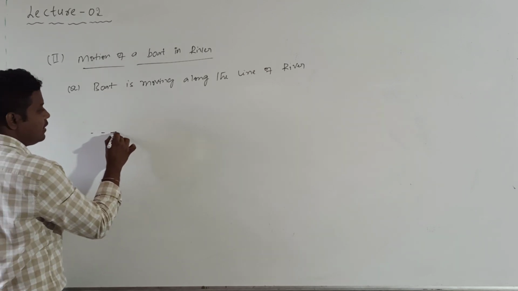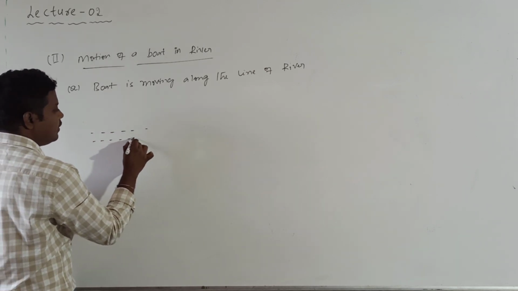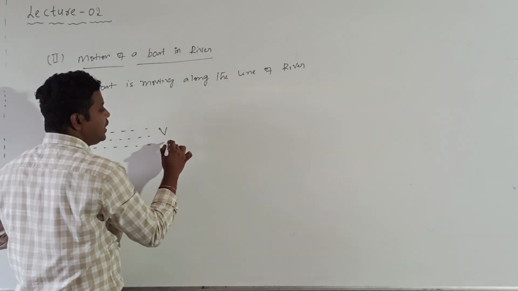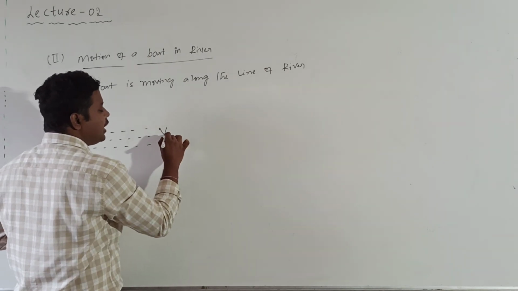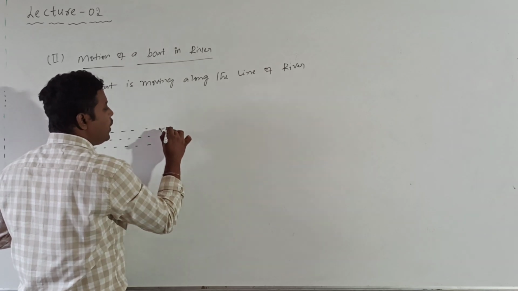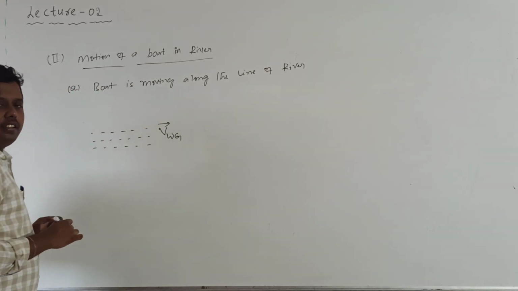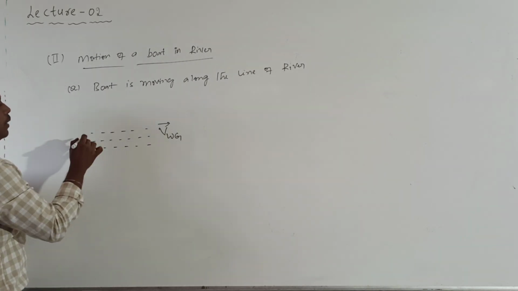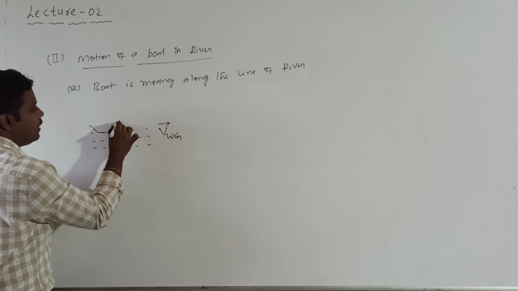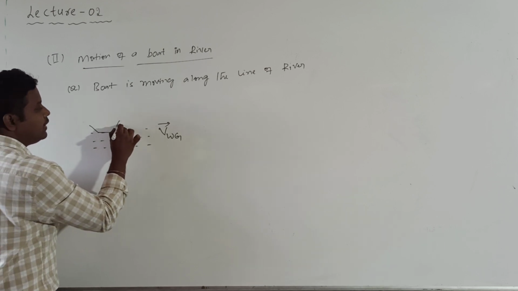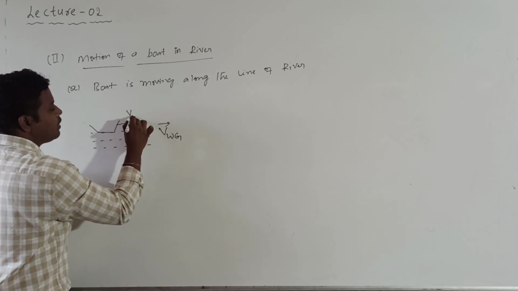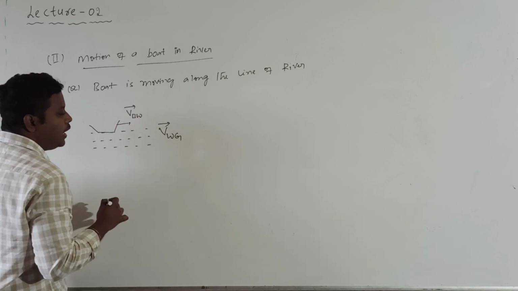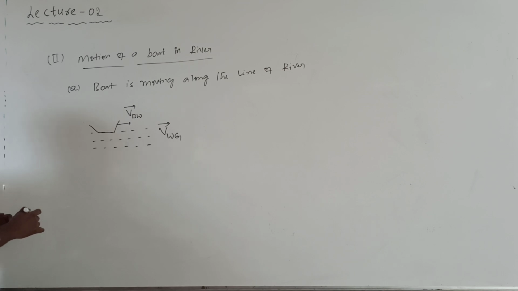In this case, let us suppose a river is flowing. The velocity of the water with respect to ground, or velocity of the river with respect to ground, let me call it Vwg. In this water a boat is there, with velocity of the boat with respect to water Vbw.